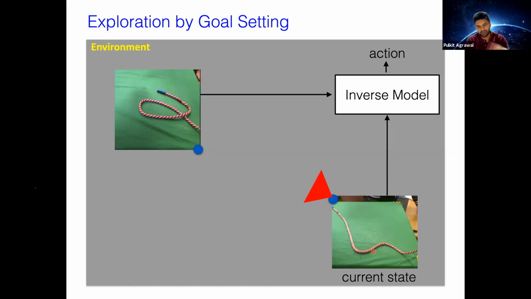Then the big problem with behavioral cloning is that we try to match things frame by frame, which becomes problematic when the environments are changing. And that is where inverse reinforcement learning comes in.